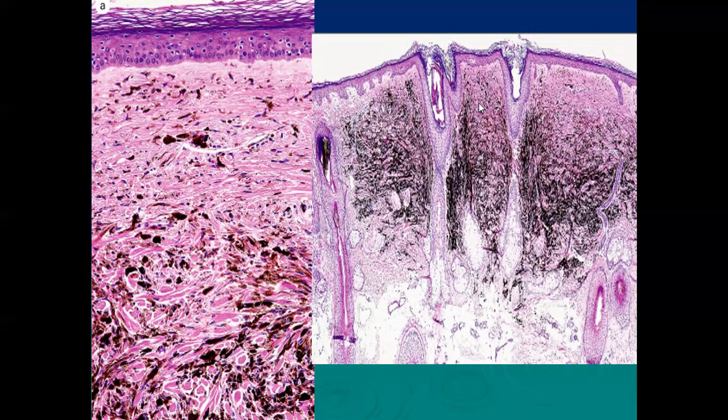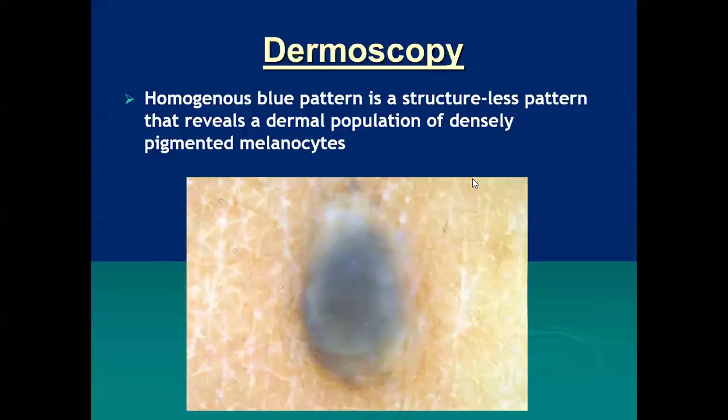So these will be occupying the dermis. It's an intradermal form of melanocytic nevus, so there will not be any junctional activity. Dermoscopy is also interesting, like the blue color of the lesion. A homogeneous blue pattern that is structureless is seen while performing dermoscopy on a blue nevus.